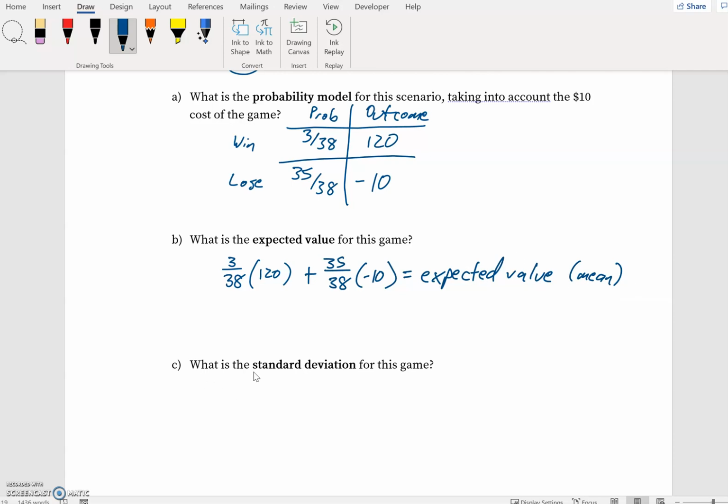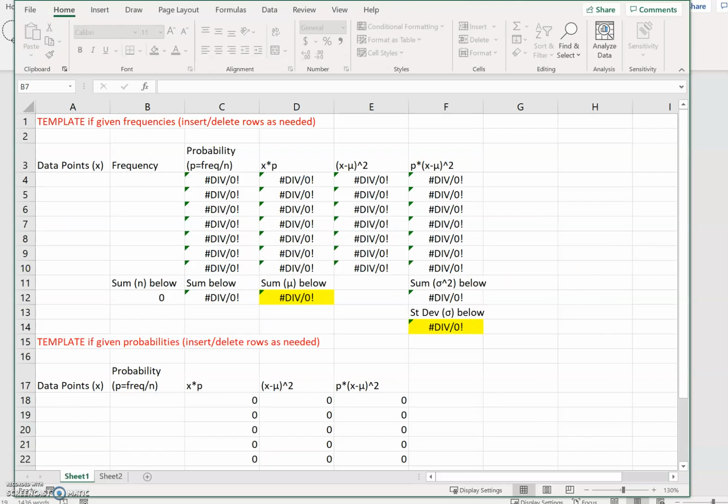So I'm going to bring up our template, and this document is going to be available to you, so you can reference it as needed. We have in red here the template if we're given the frequencies, and here's the template if we're given probabilities, or if we found probabilities, which we did.